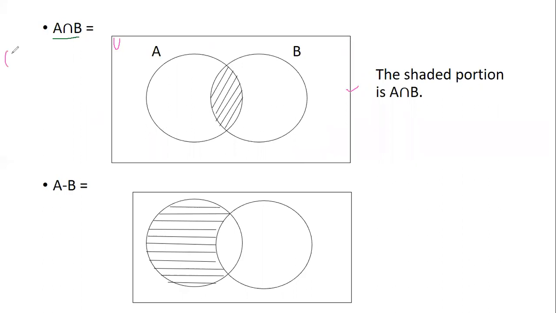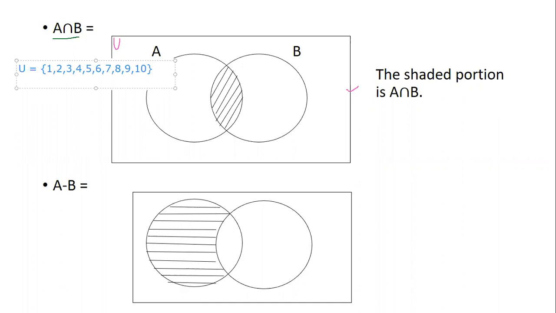Now universal set is 1, 2, 3, 4, 5, 6, 7, 8, 9, 10. Let me add a flower bracket for the set. So this is the universal set.